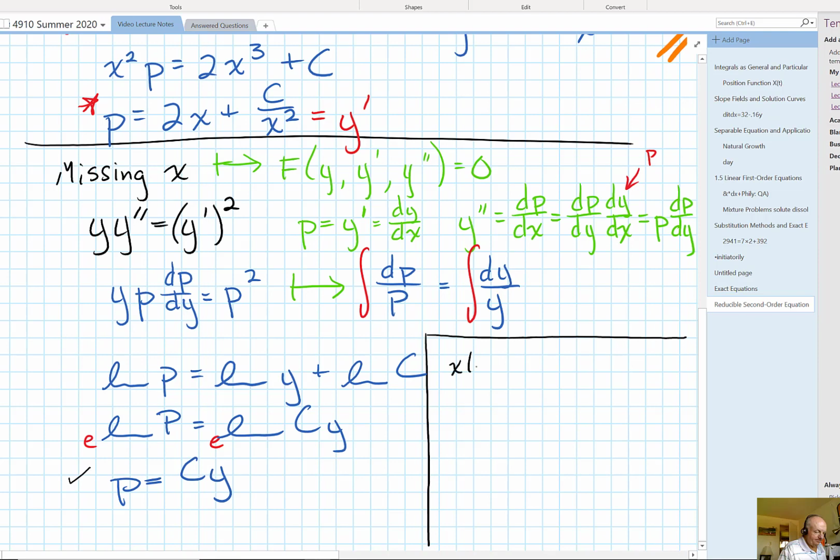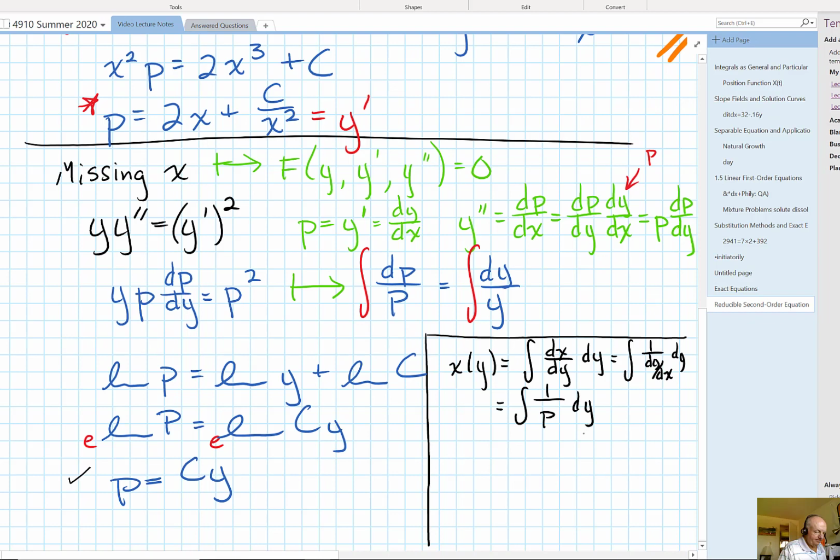If I want x as a function of y, I can find that by integrating dx dy with respect to dy. You can follow through this in the book and see what happens. But here's what this leads to: it's the same as 1 over dy dx with respect to y, and we know what dy dx is, that's p.